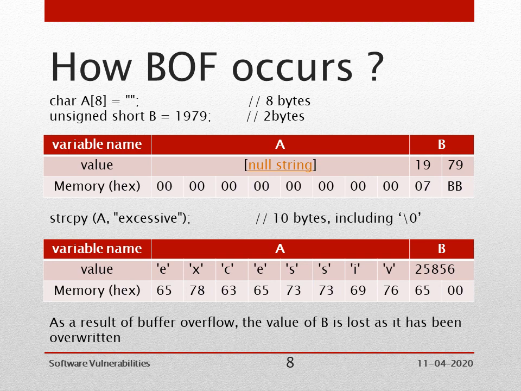Hence, it requires 10 bytes of memory. The 8 bytes would be taken from the location allocated for a, and the next 2 bytes would be taken from the physically neighboring location, unfortunately the space where the value of b was stored. This is how a buffer overflow happens. As a result, the value of b is lost, as it has been overwritten by the last 2 bytes of the copied string.